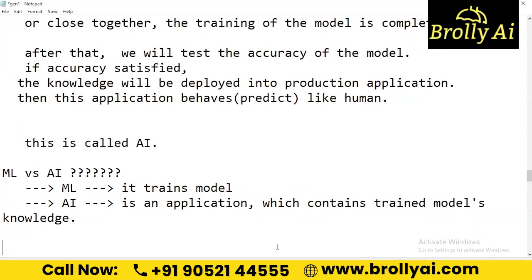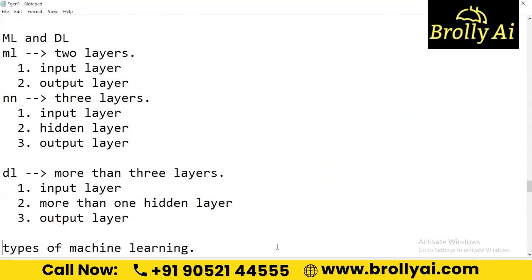So what is the difference between machine learning, deep learning and neural network? In machine learning, I have 2 layers: the input layer, which is called the feature matrix, and the output layer. Between the input layer and the output layer, there is one weight matrix. That weight matrix is the knowledge. But in a neural network, I have 3 layers: one input, one hidden, one output. Totally 3 layers means how many weight matrices? 2 weight matrices.